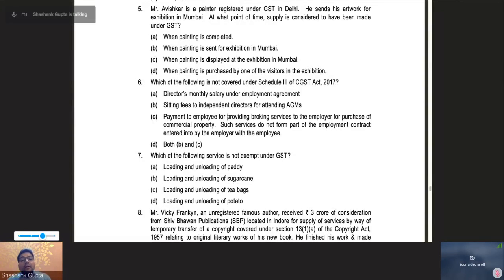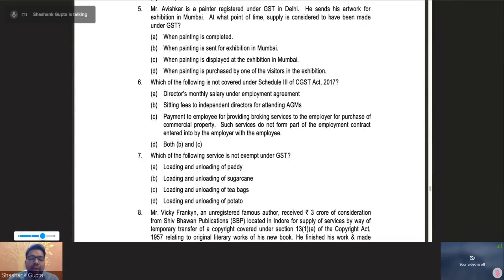Okay. So let us now analyze line item wise. First option is director's monthly salary under employment agreement. What does this mean? That a director is working as an employee of the company.